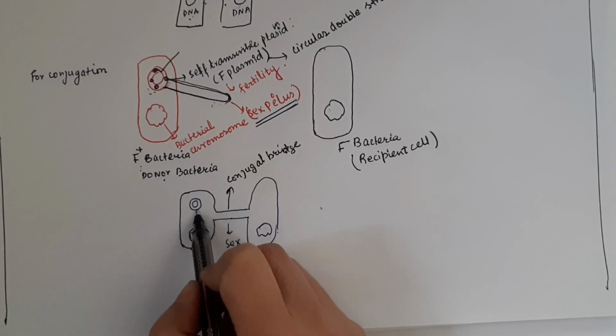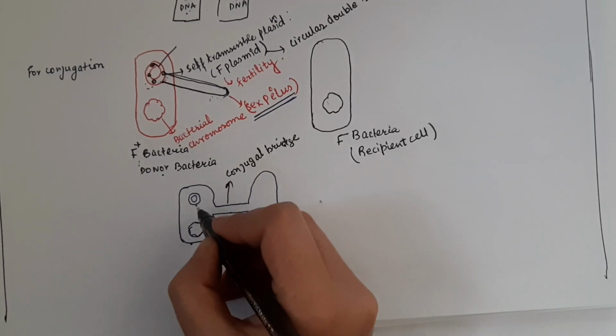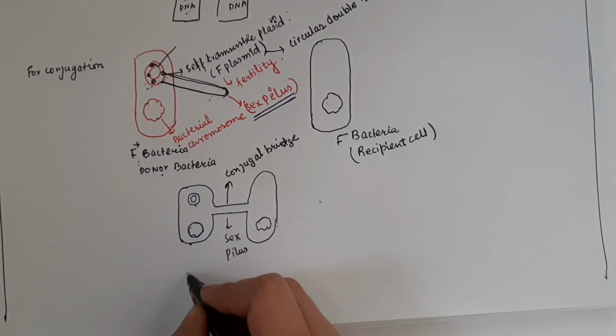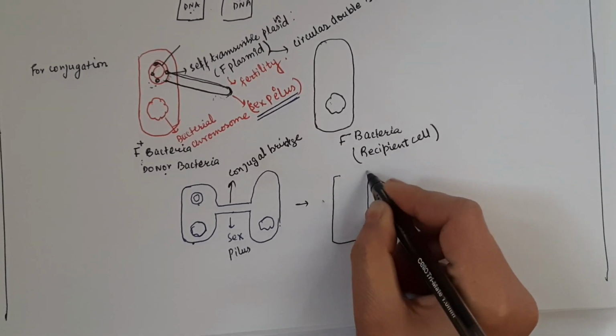What happens? A nuclease enzyme breaks one strand of the plasmid. I'll show you here what happens.